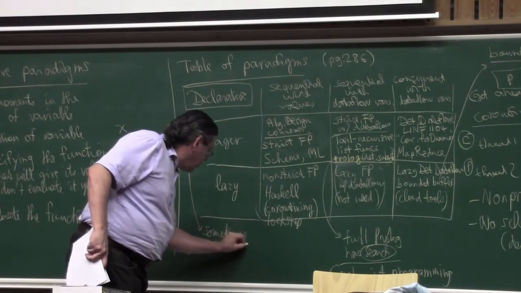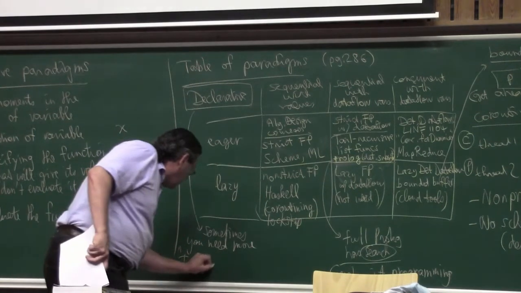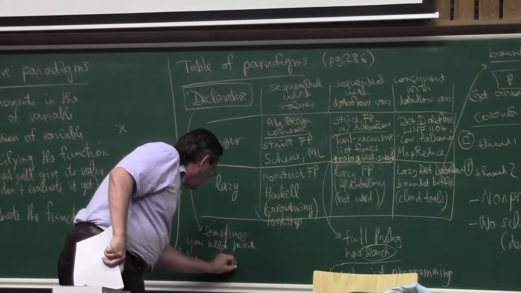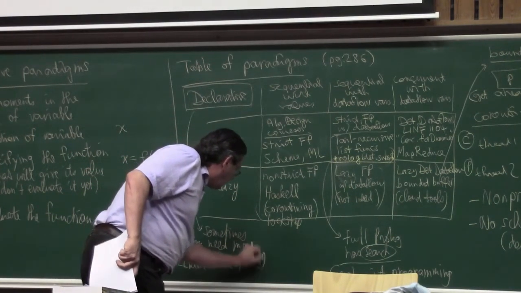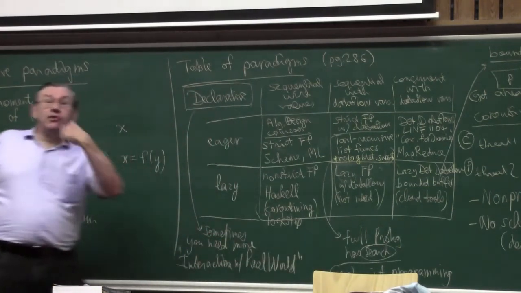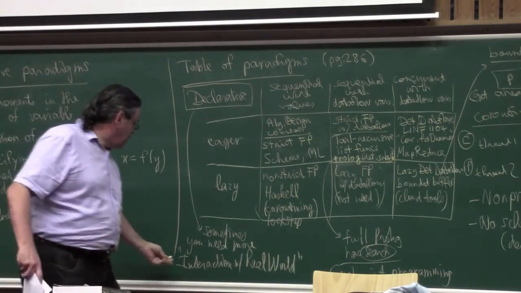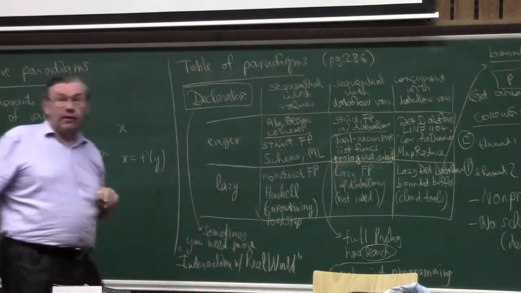You need more. It's essentially when you have real interaction with the real world that you have to leave the model. When you have timing, user interface, a lot of events coming from outside, then you sometimes have to leave this model. Okay?